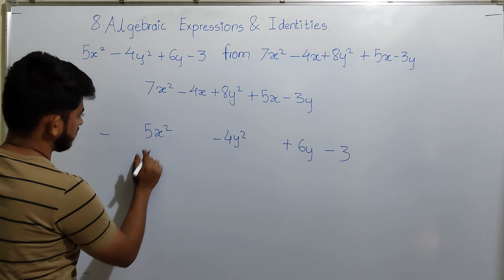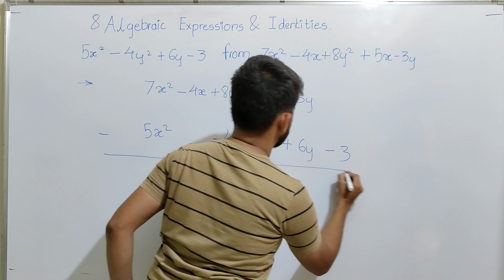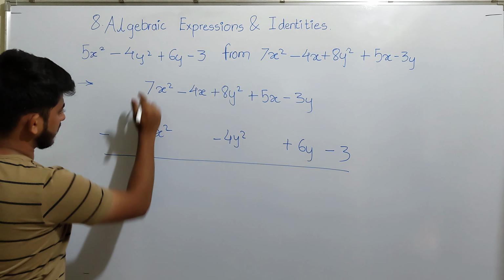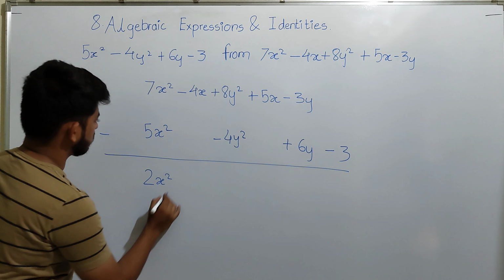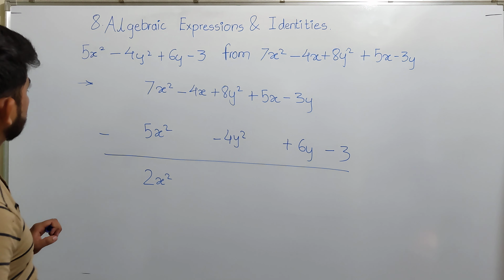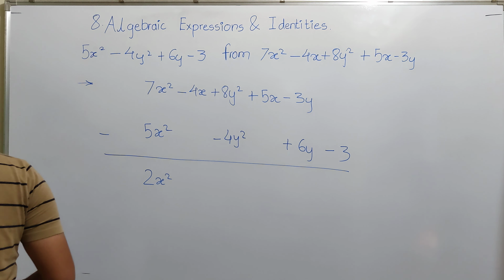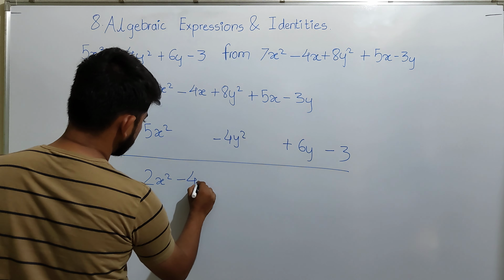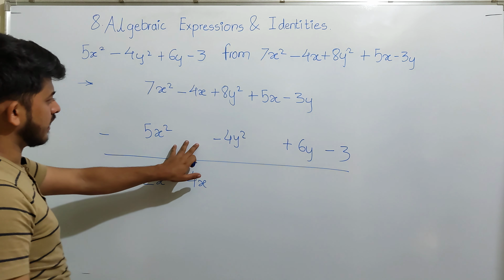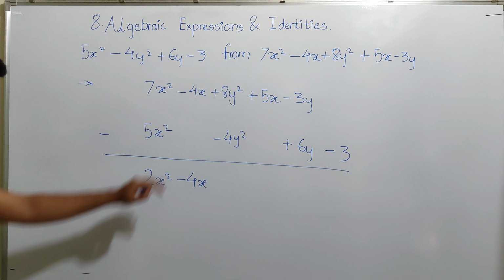Now see here, 7x square minus 5x square, 2x square, minus 4x as it is, because we don't have any variable over here.